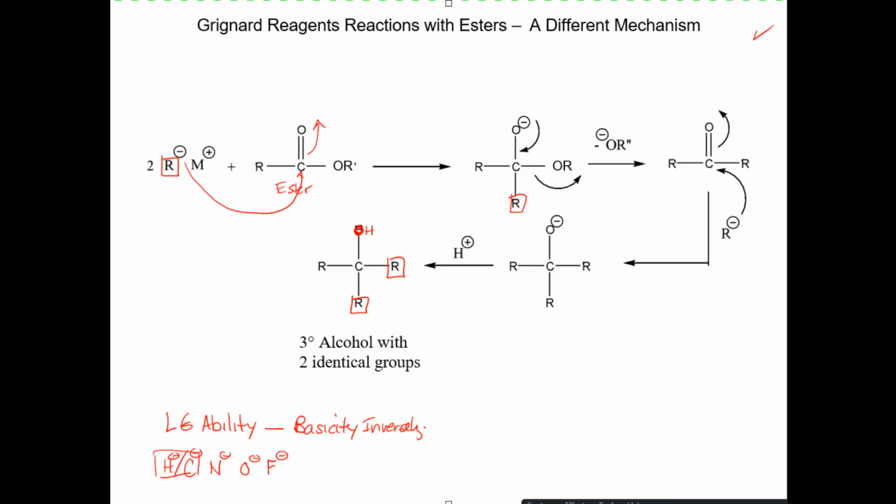They're basically not going to be leaving groups because they are such strong bases. N minus we can make leave, O minuses we can make leave as well. But for the most part, C minus and H minus, well, for all parts, they will never leave.